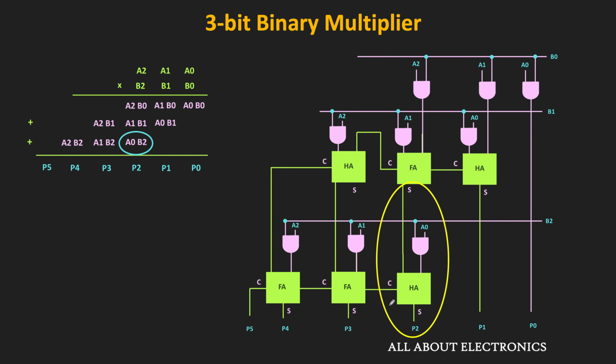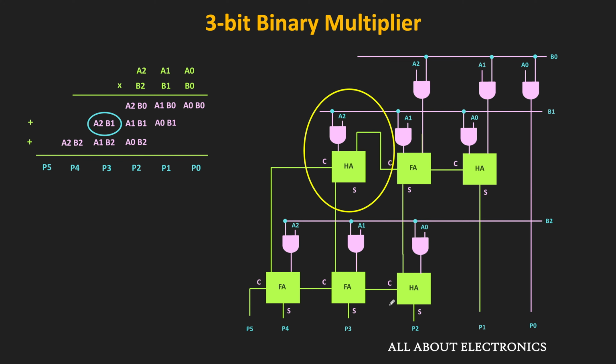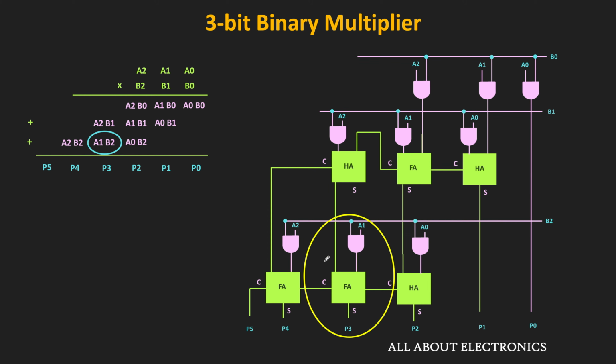So similarly, in the next stage, using one more half adder, this A2B1 is added with the carry generated from the previous stage. So basically, the carry generated from the A2B0 and the A1B1 will be added with this A2B1. So the sum output of this half adder will be added with the A1B2. So as you can see over here, the sum output of this half adder is given as one of the inputs to this full adder, and the second input to this full adder is equal to A1B2.